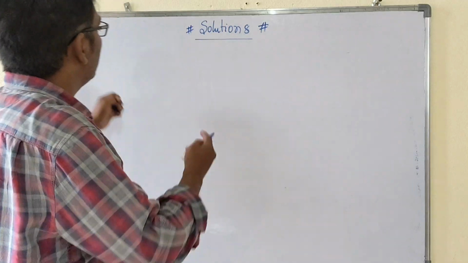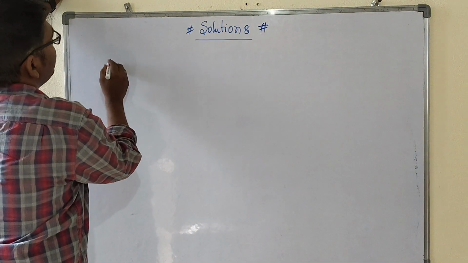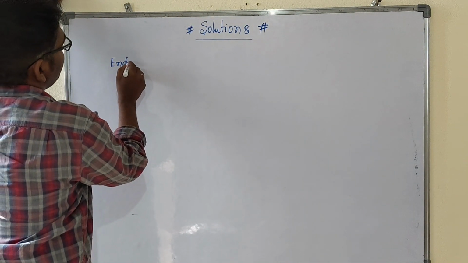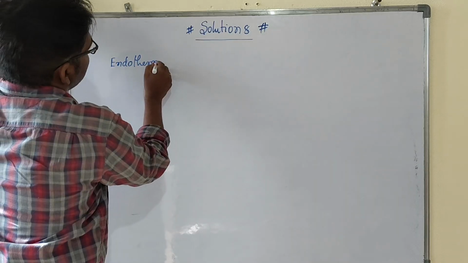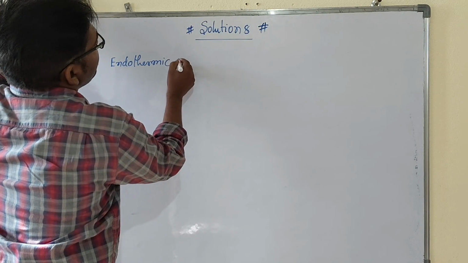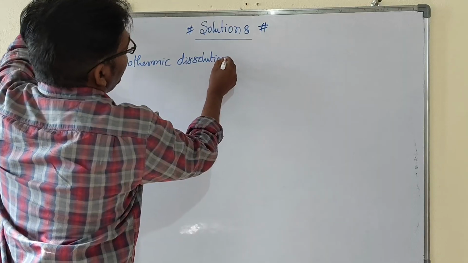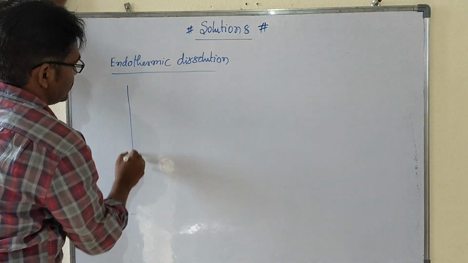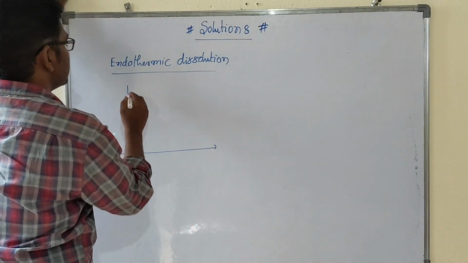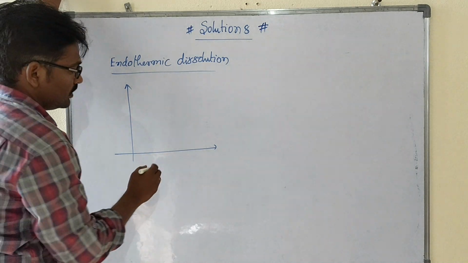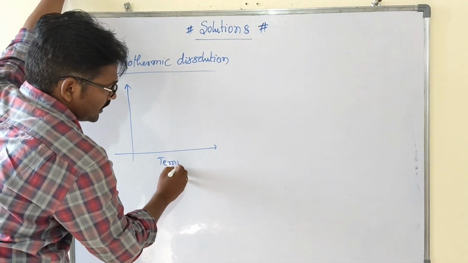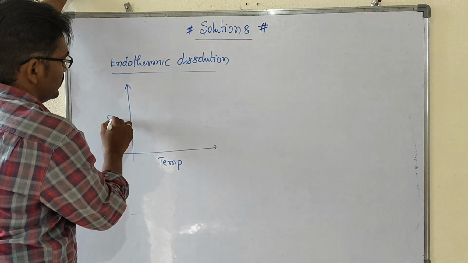Then if you take a graph for the endothermic dissolutions, solubility and temperature. You take temperature on this axis, then solubility.